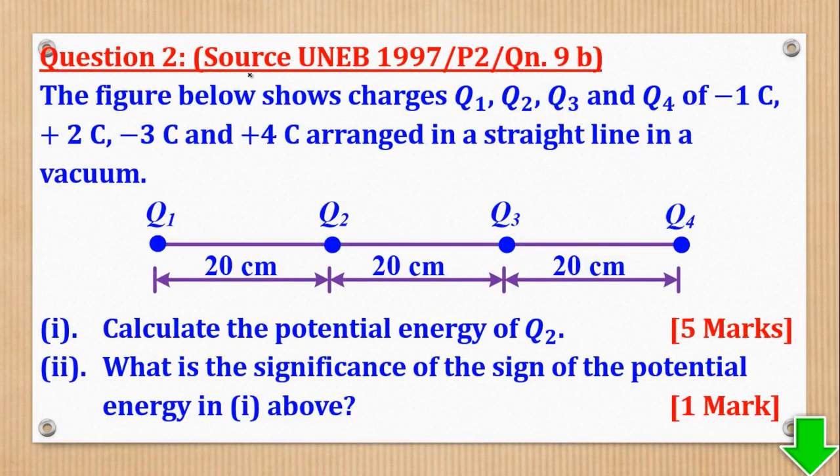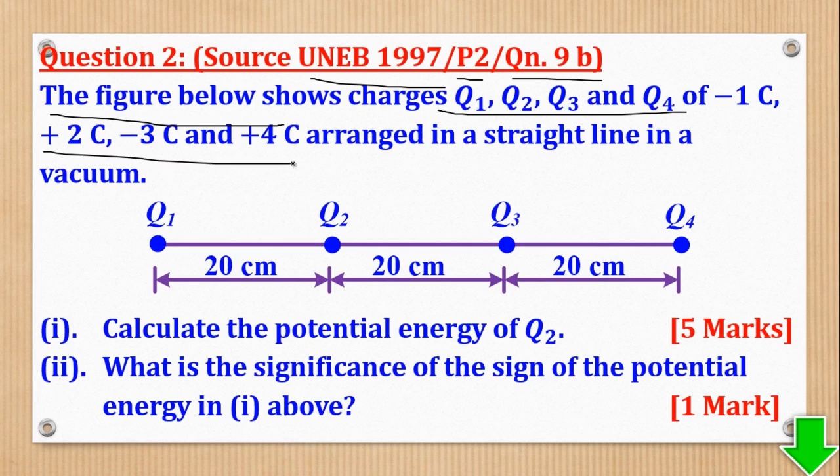Next will be question 2. Question 2 came from UNEB 1997, paper 2, question 9b, and says the figure below shows charges, these ones of these magnitudes, arranged in a straight line in a vacuum as shown below. Calculate the potential energy at Q2, potential energy at this. Then 2, what is the significance of the sign of the potential energy in Roman 1?